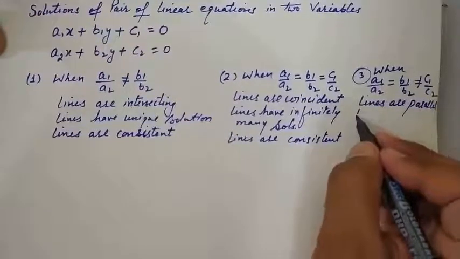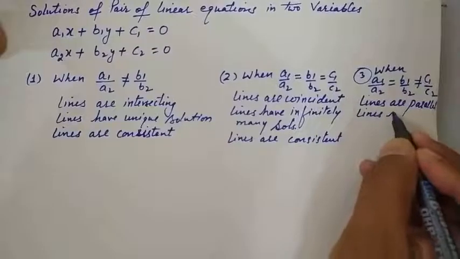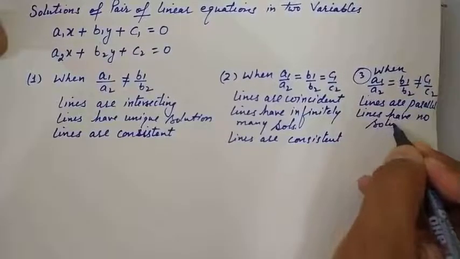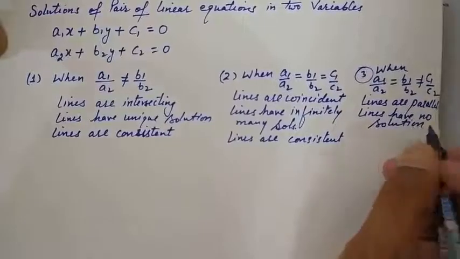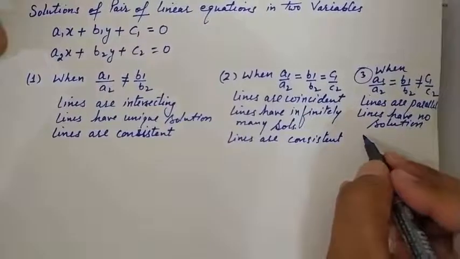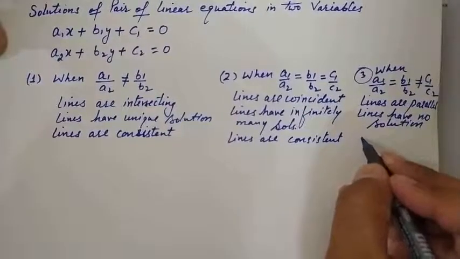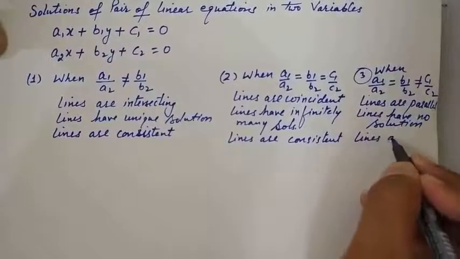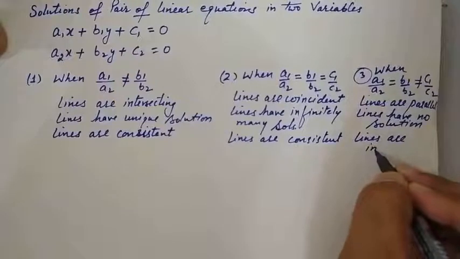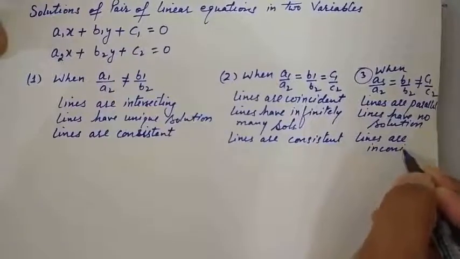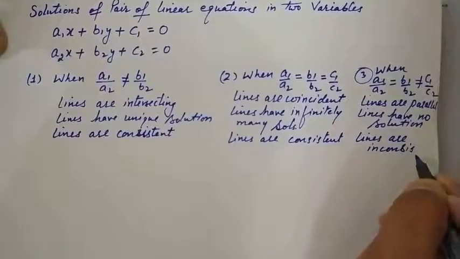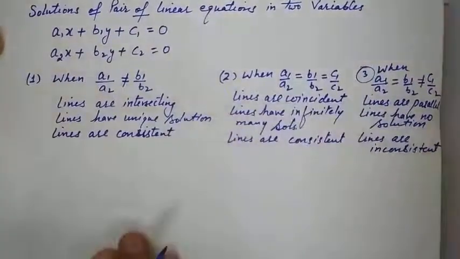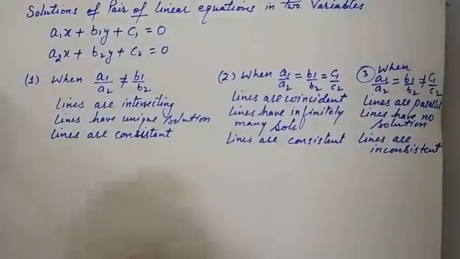So lines have no solution, and third, the pair of lines is called inconsistent. So lines are inconsistent.